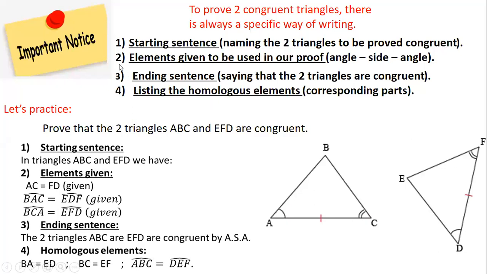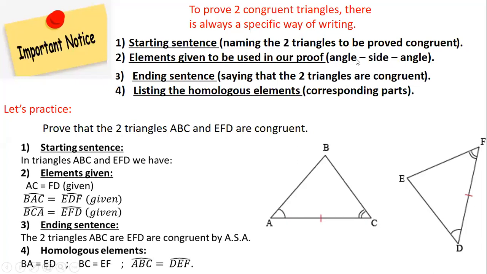Step number 2, we should look for the elements given to be used in our proof. Here in this lesson, the elements we are looking for are angle, side, angle. I want to help you here. When you are applying angle, side, angle, first you should look for a side in the first triangle equal to a side in the second triangle, then you look for the adjacent angles.